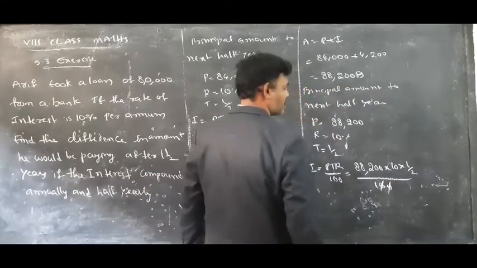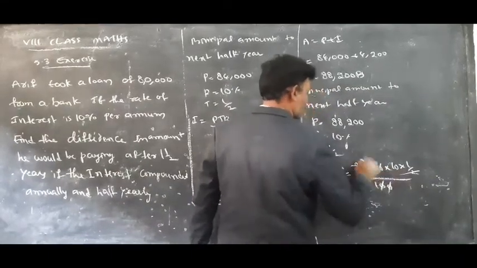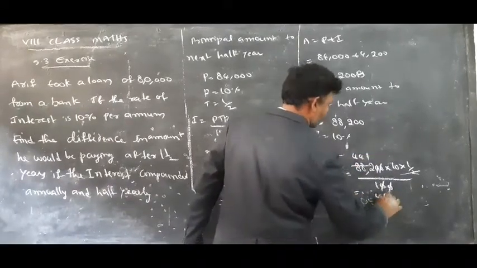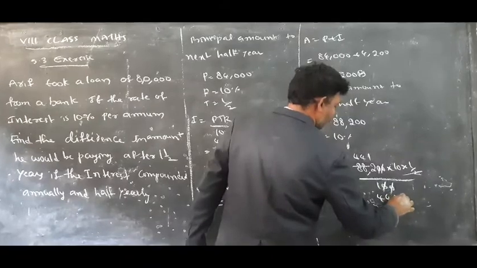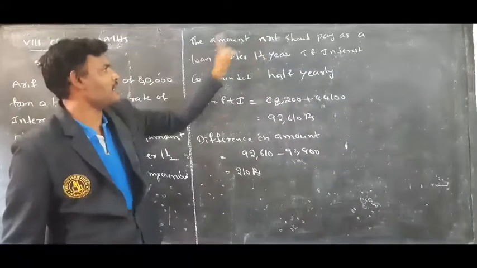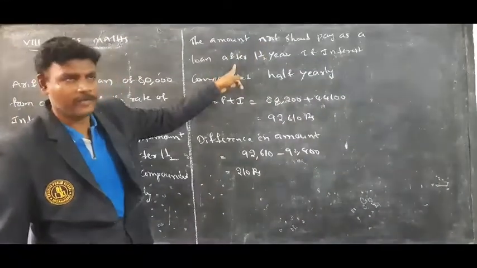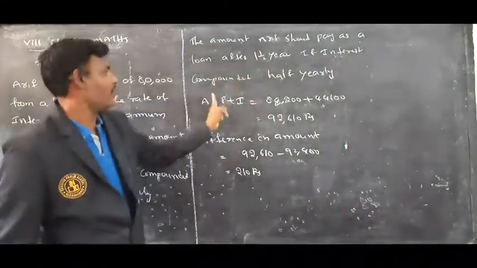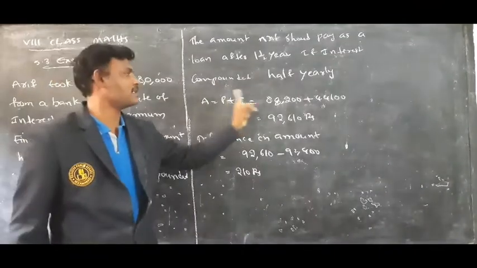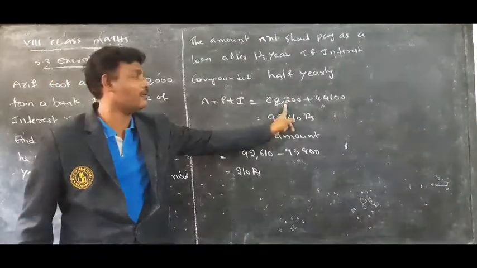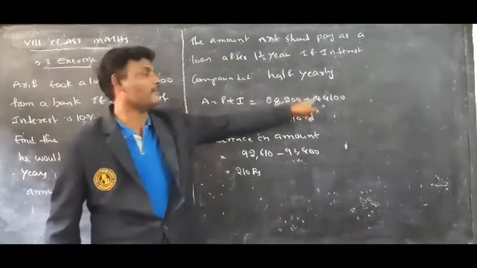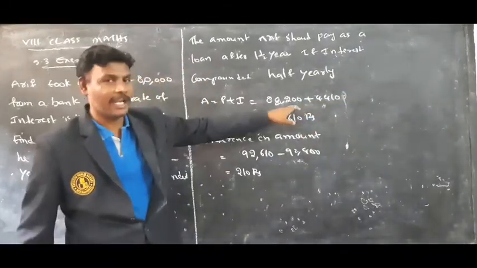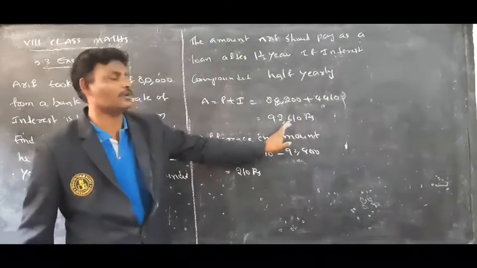Zeros are cancelled, so the interest here is 4,410. This is the amount to pay as a loan after 1.5 years if interest is compounded half yearly. A is equal to P plus I, where P is 88,200 and I is 4,410. After adding this you will get 92,610.